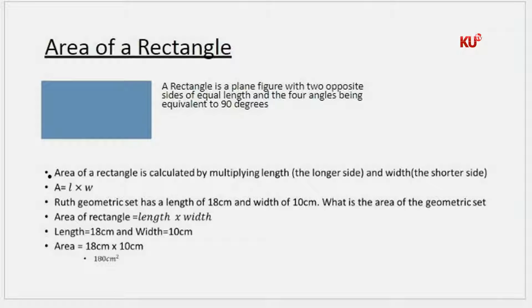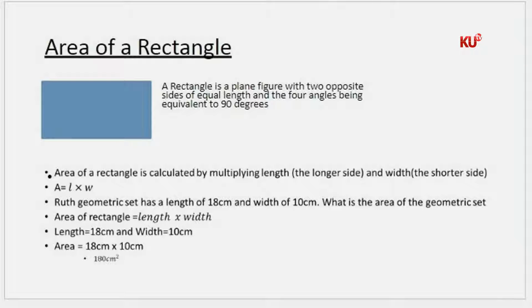So the formula is length times width. After knowing that, we have a question for us. This question states, Ruth's geometric set has a length of 18 centimeters and a width of 10 centimeters. What is the area of the geometric set?